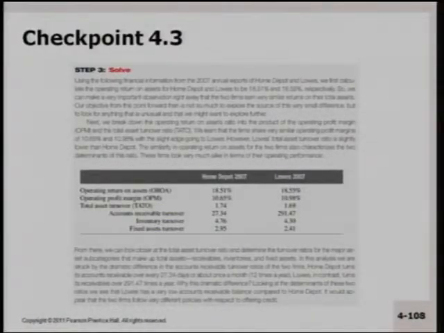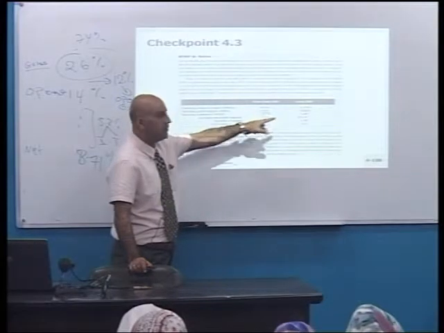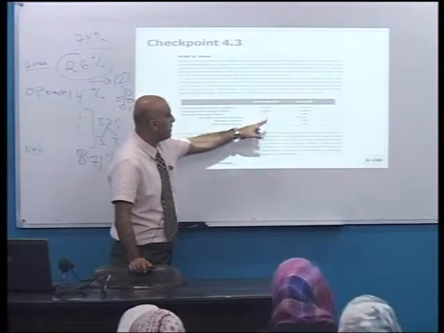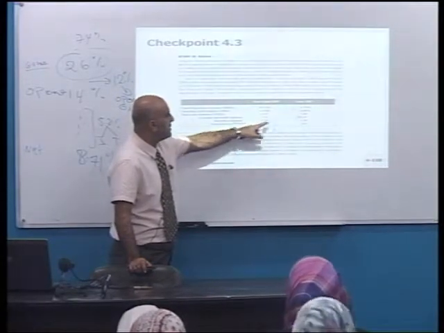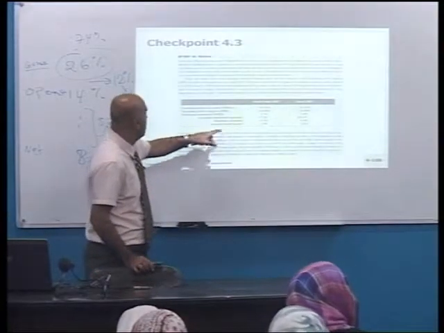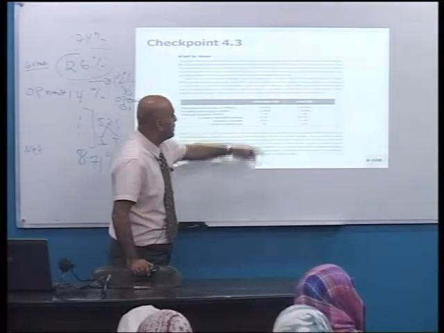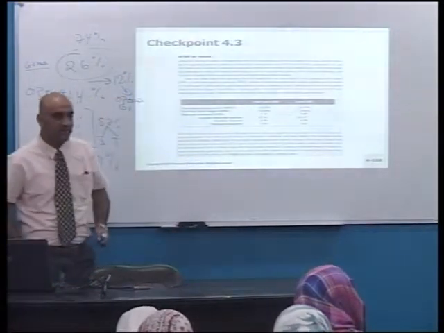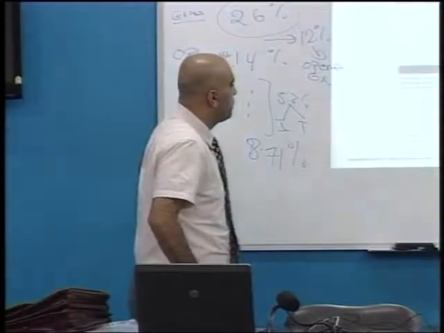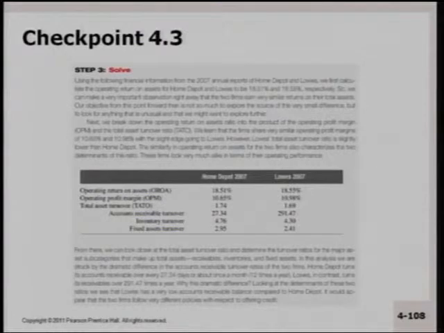The operating return is 18.51%, 18.55%, 10.65, 10.98, 1.74, 1.69, 27, 291, 4.76, 4.30, 2.95, 2.41. Okay, let's start with the first one.